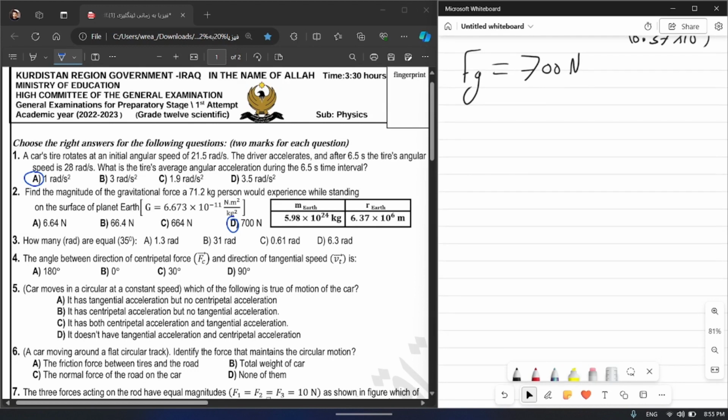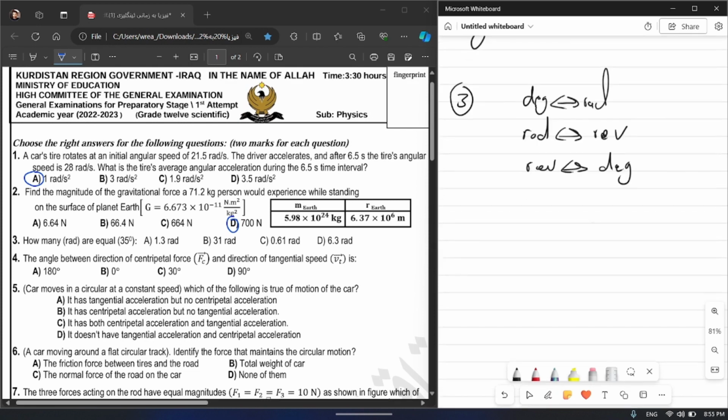Now moving to the third question, it says how many radian are equal to 35 degrees? We've learned that we can convert degrees to radian, radian to degrees, radian to revolutions, revolutions to radian, revolutions to degrees, and degrees to revolutions as well.